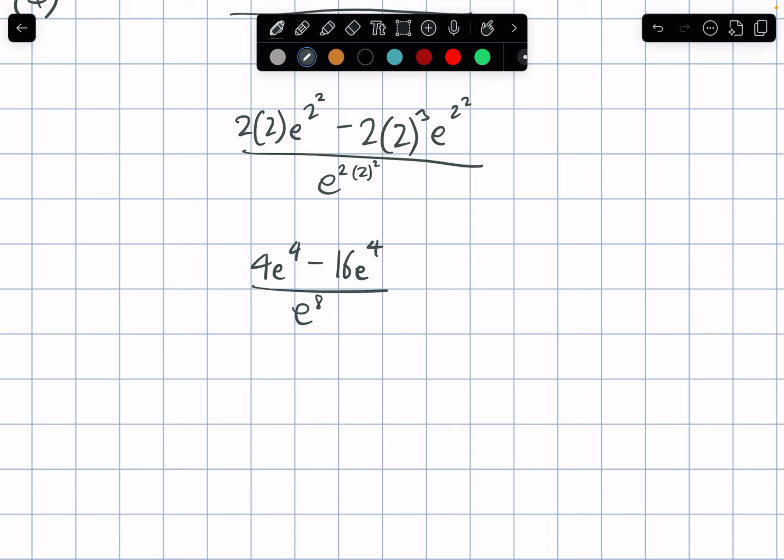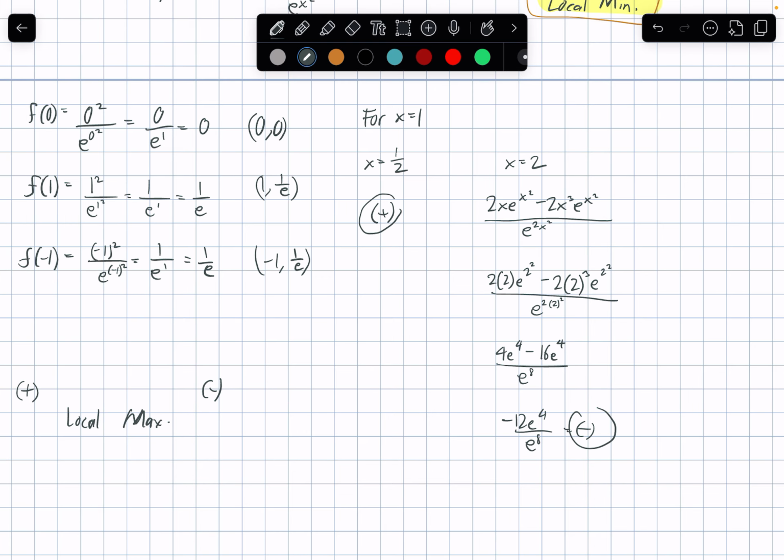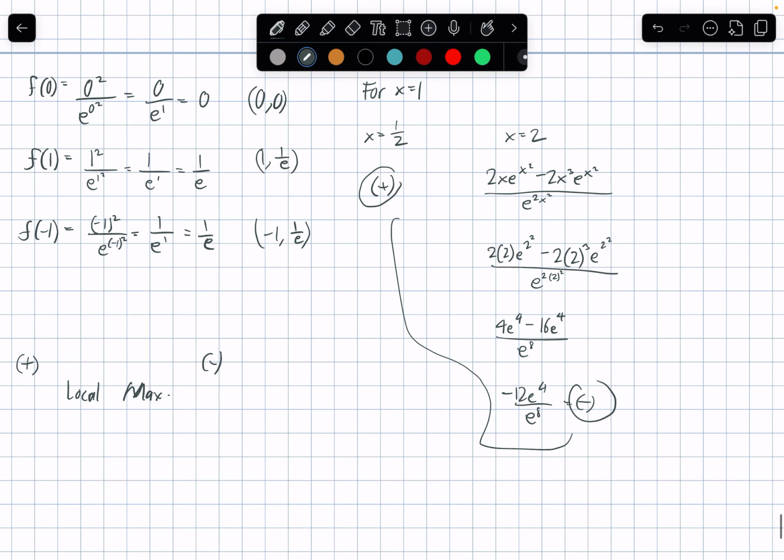Okay, so looks like this is, yeah, it is a negative value. So coming from positive to negative, 1 over e is a local maximum.